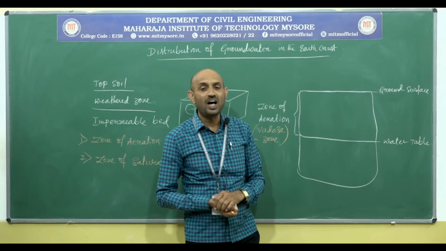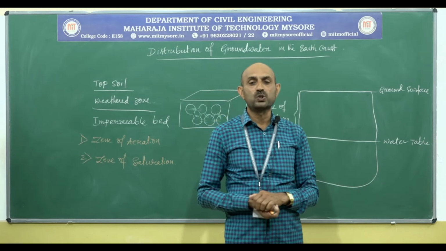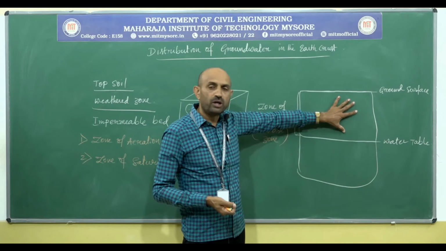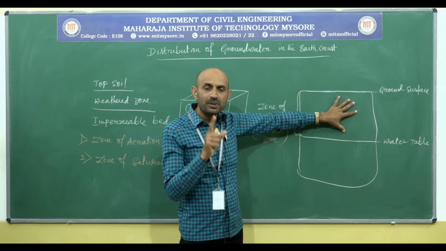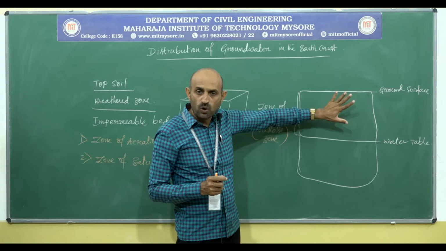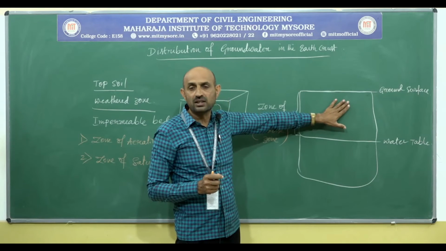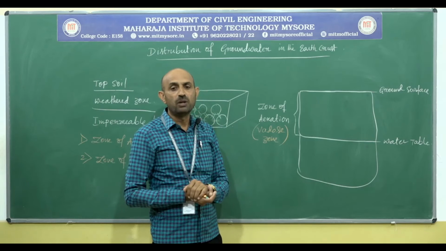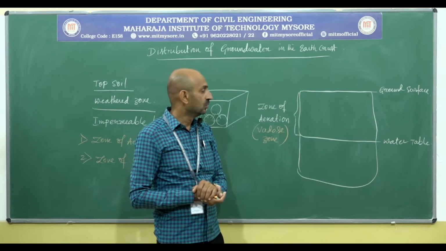Why is it called unsaturated? Here also we are going to find voids. Voids means pore spaces, vacant places. The voids which are present in this region are partially filled by air molecules and partially filled by water molecules.